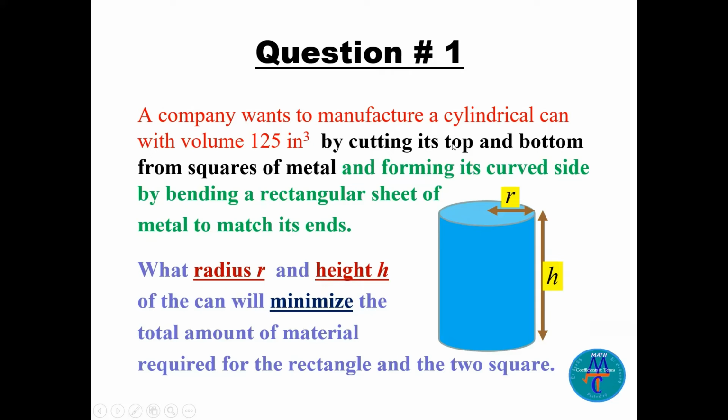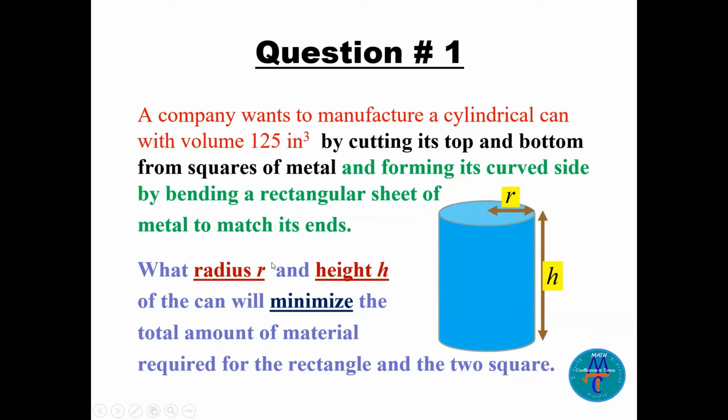Now let's look at the question. A company wants to manufacture a cylindrical can, just a can here like this, with the volume 125 inch cube by cutting its top and bottom from squares of metal. If we need this top circle and the bottom circle here, we have to use squares of metal, and then we cut the circle from the square, and form its curved side from a rectangular sheet of metal to match its ends.